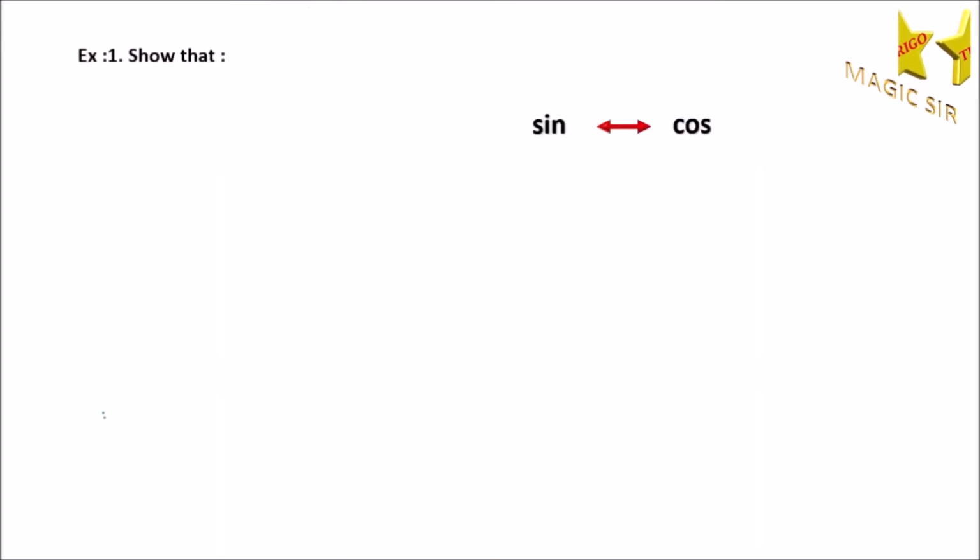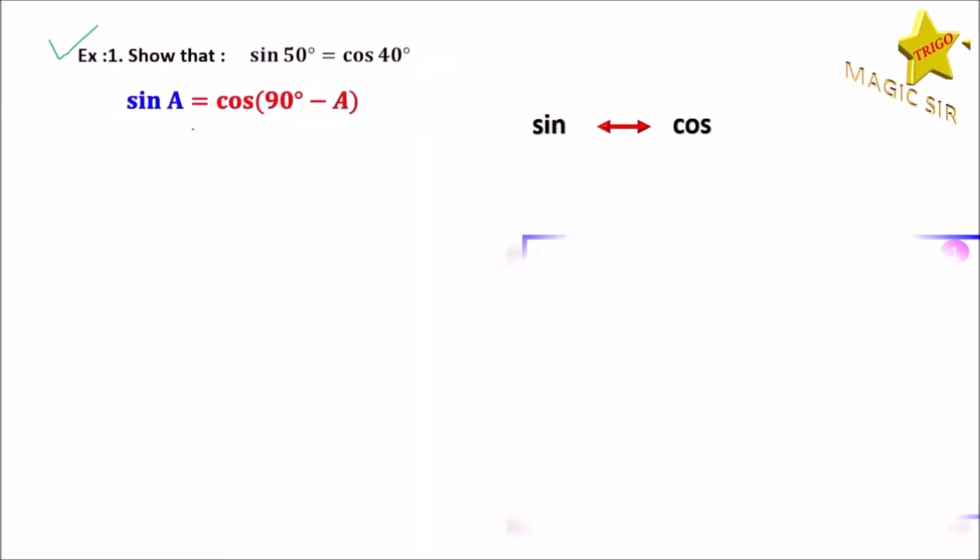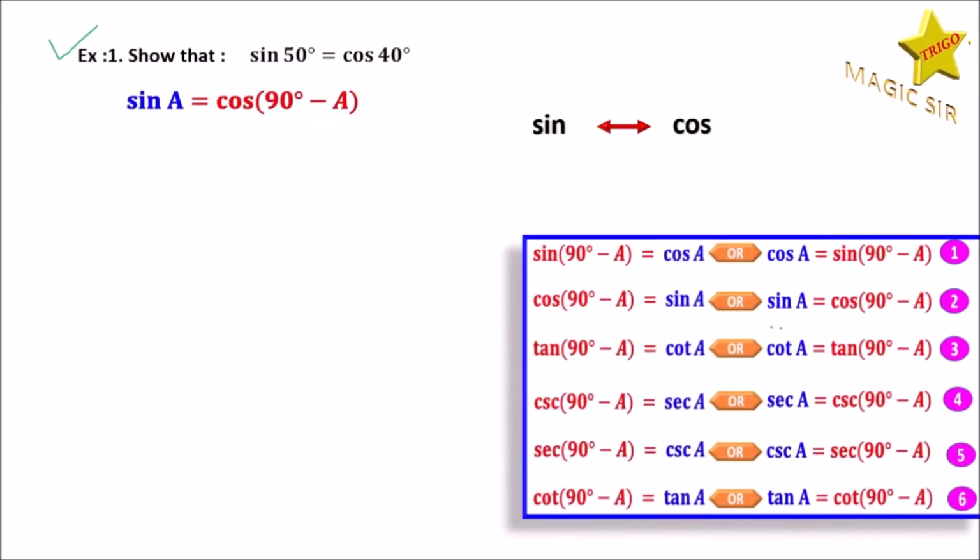Let us take example 1. So that sin 50 degrees is equal to cosine of 40 degrees. See the second formula. Sin A is equal to cos 90 degrees minus A. Let us take A is equal to 50 degrees.